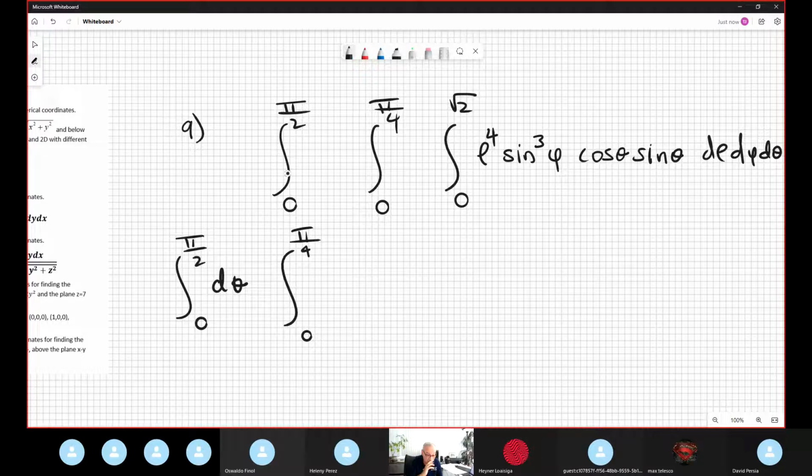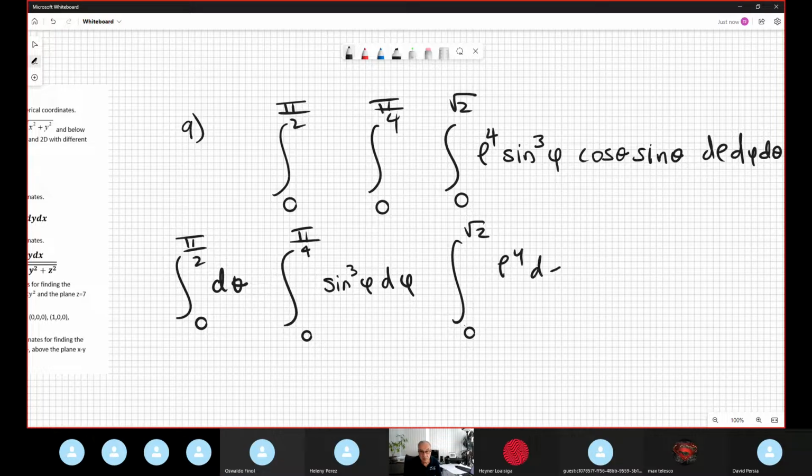Actually, we have 3 sine phi: the sine phi of x, the sine phi of y, and the sine phi of the Jacobian. You follow me or no? Yeah, I follow. And this is 0 to radical 2, 0 to pi over 4, 0 to pi over 2.